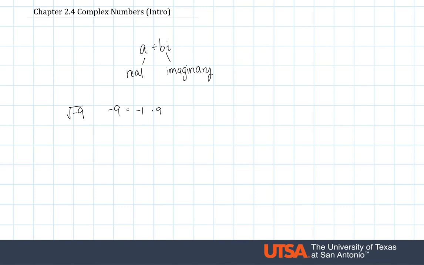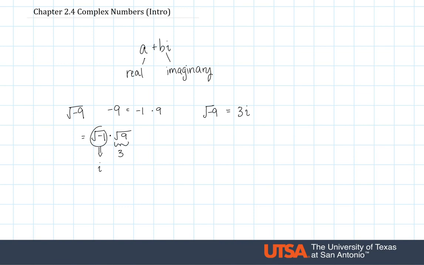So this equals the square root of negative 1 times the square root of 9. And then we know that the square root of negative 1 equals i, and that the square root of 9 is 3. So this is simply 3i.